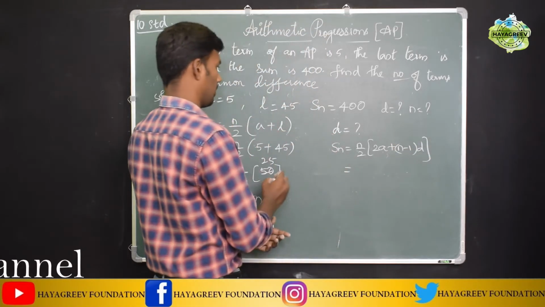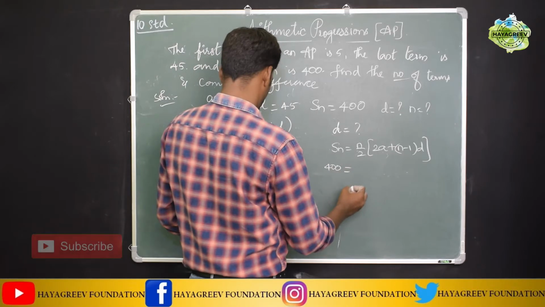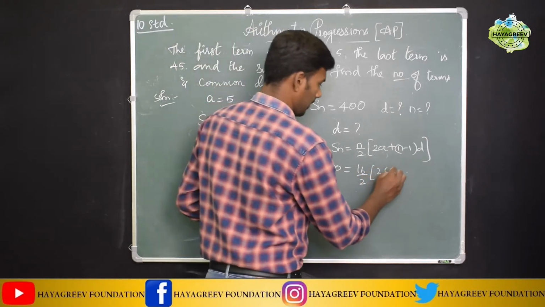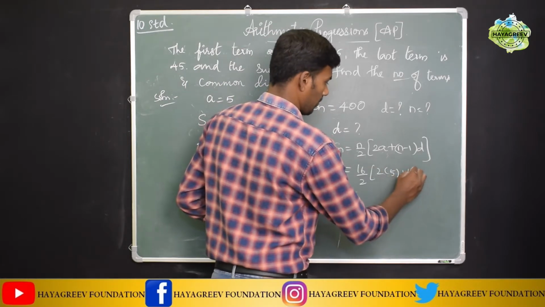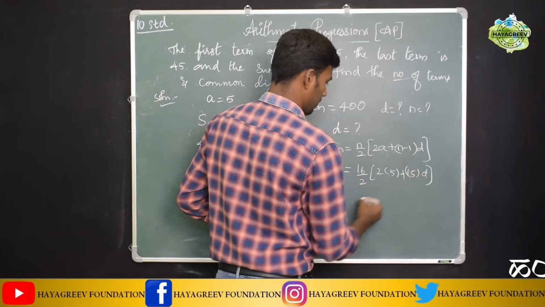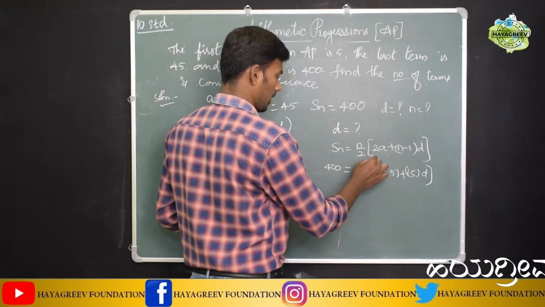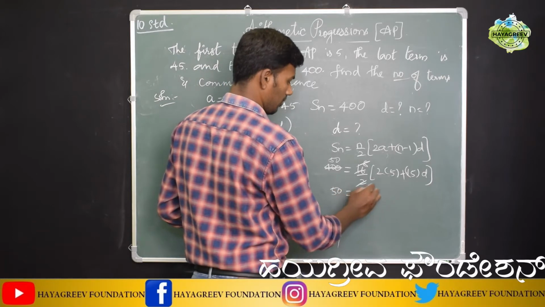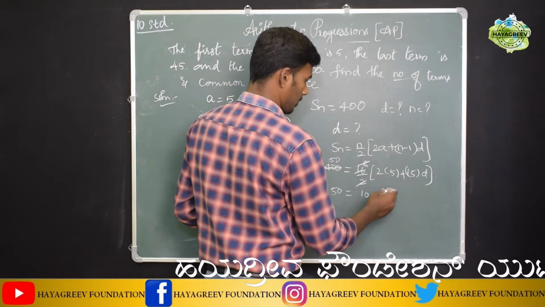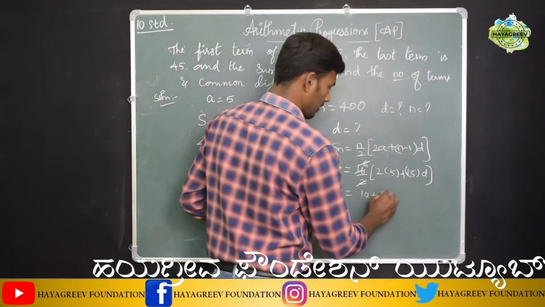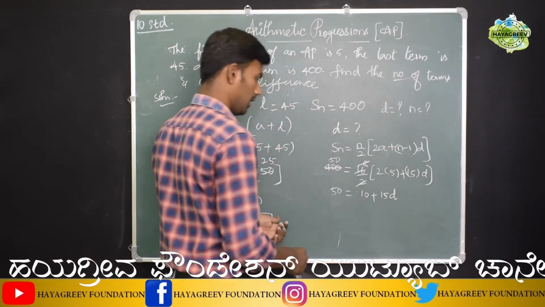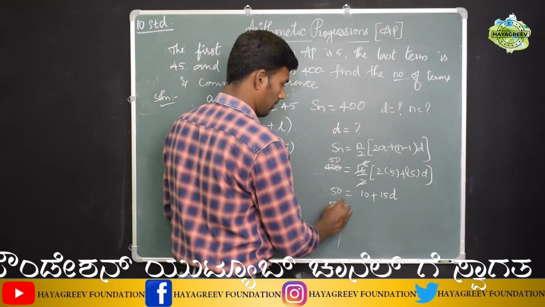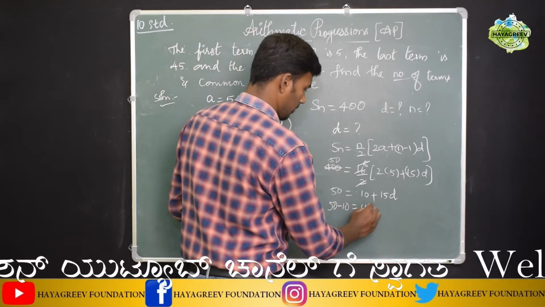So Sn is 400, n is 16 by 2, 2 into a is 5 plus 16 minus 1, 15 into d. 2 eights are 16, 8 fives are 40, so 400 by 8 is 50 is equal to 10 plus 15d. Then 50 minus 10 is equal to 15d.